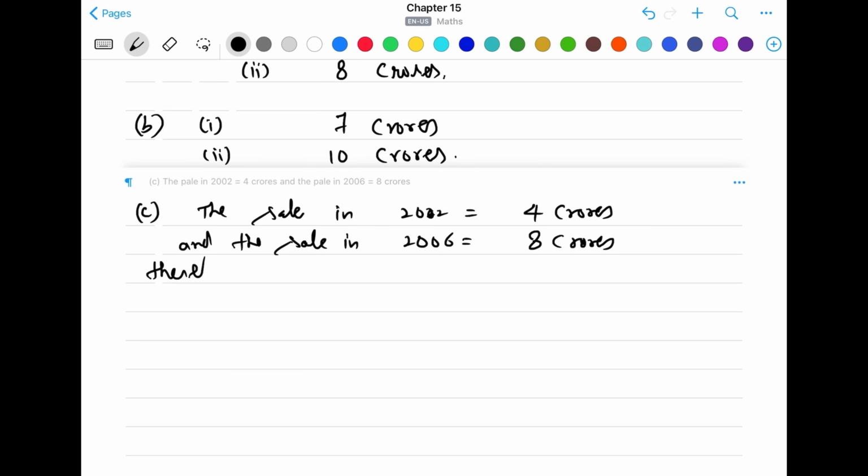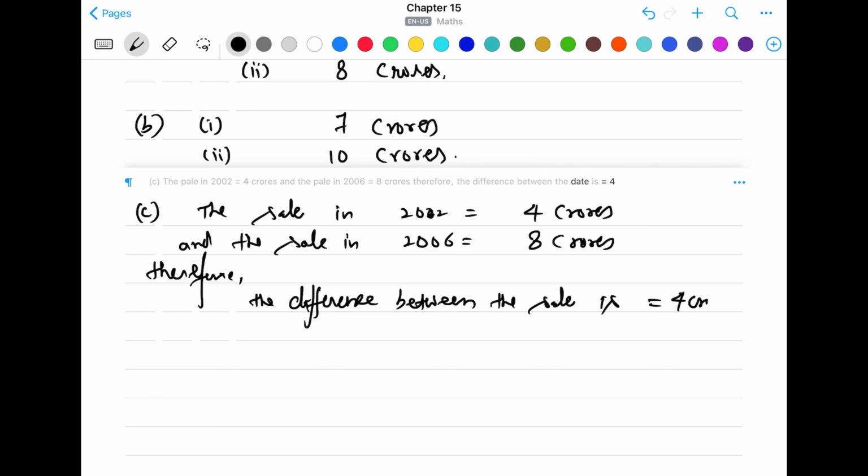Therefore the difference between the sale is 4 crore. So clearly the difference between the two is 4 crores.